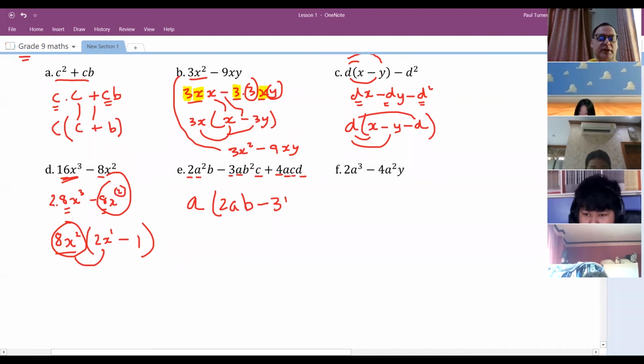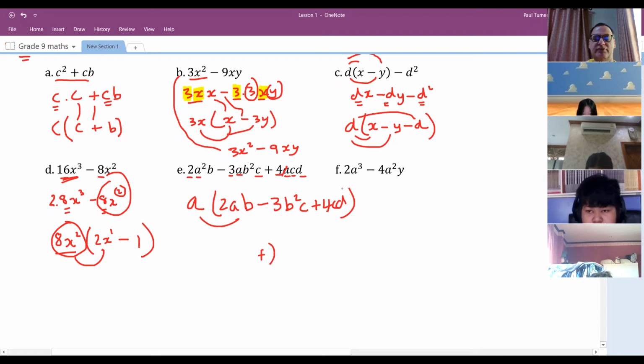Then you're left with b squared c, like that. 4 is still here, and a has come out, so that's gone, and you're left with cd like that. So then when you're finished, you can expand it and check it's correct, and then look for any factor that you may have missed. But this looks okay. All right.